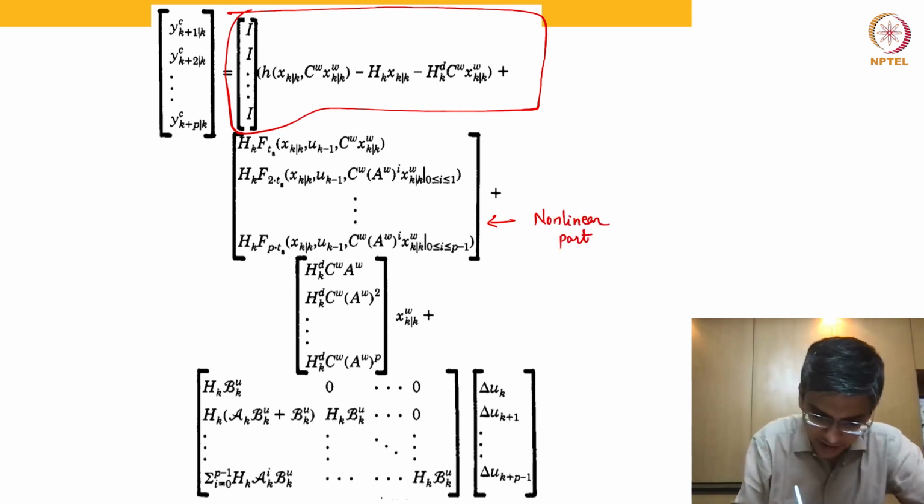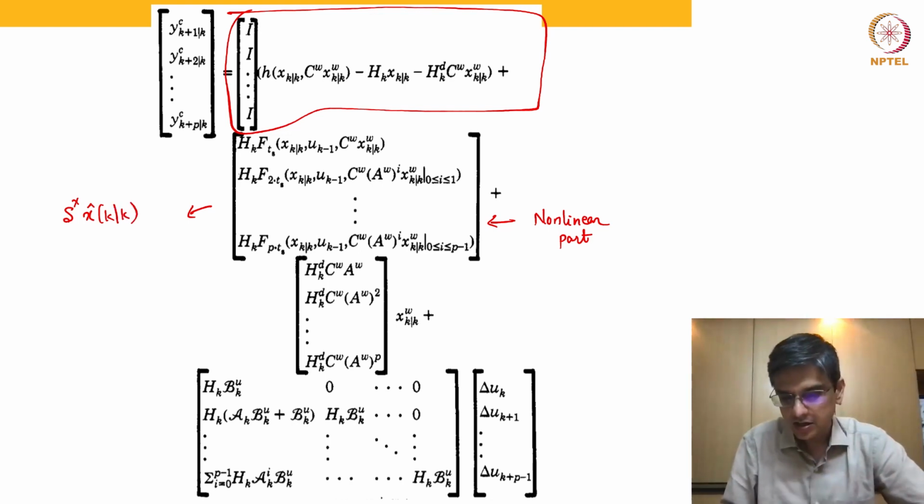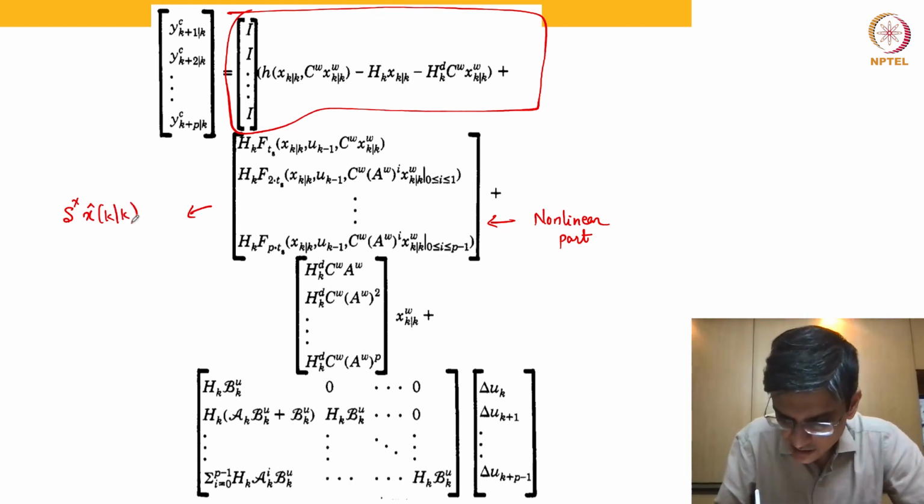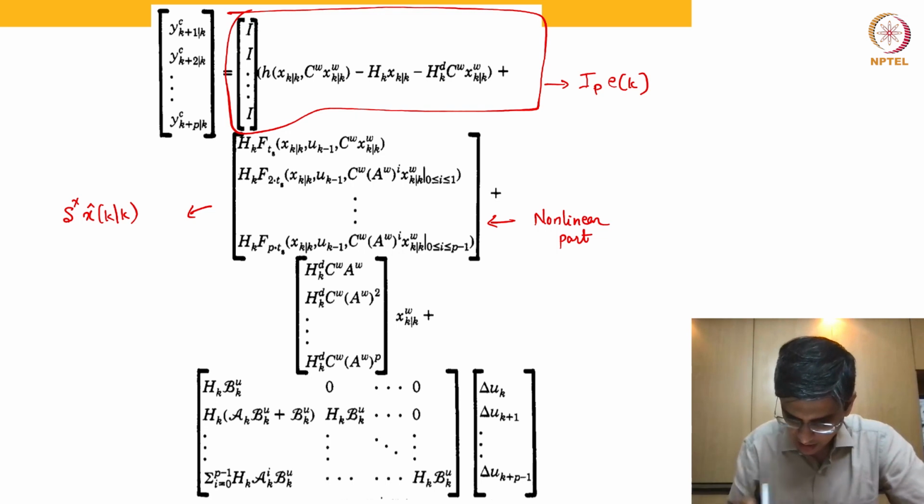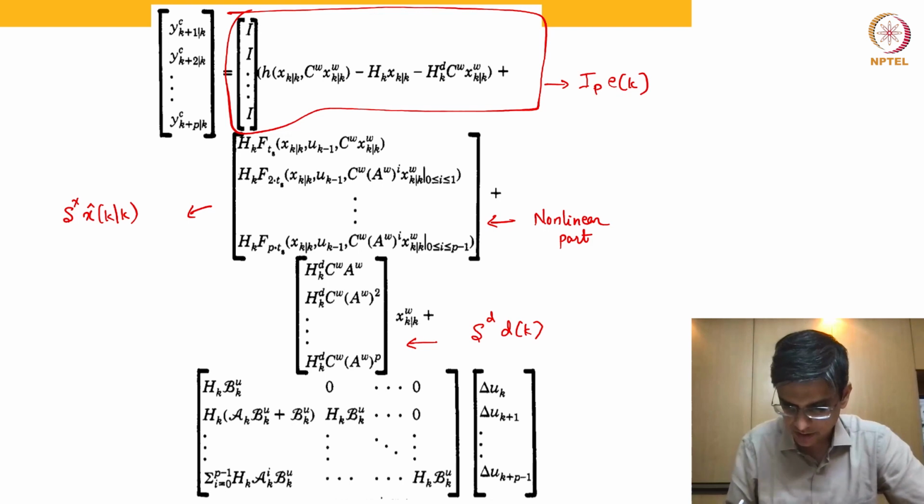Okay, so in the linear model, this is S_x multiplied by x hat k given k. This is replaced by a non-linear term like this. This is nothing but our I_p multiplied by the E_k equivalent, I think, right? This one is nothing but S_d multiplied by the d_k term, okay?